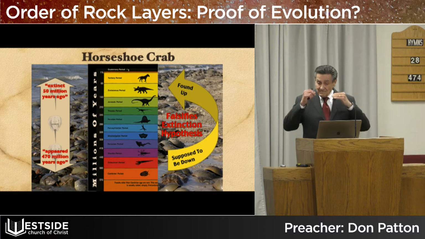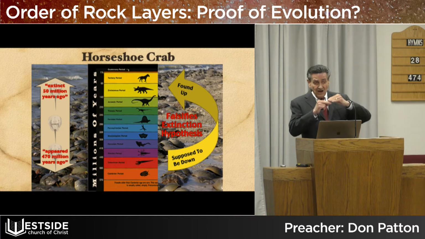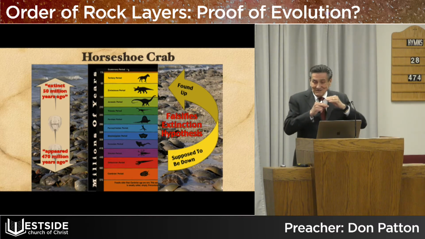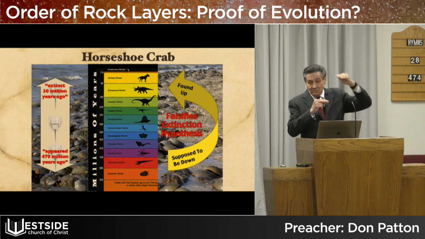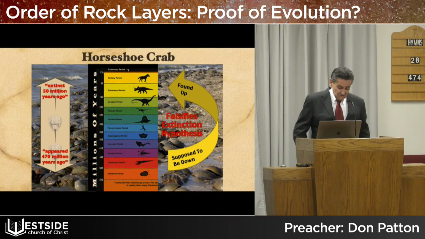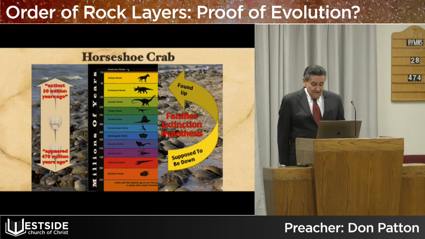The idea that you don't find it above this point. Here's where it stops in the column, and then we've got the time above it. But they're still alive. That means that not finding it above that point doesn't prove it's extinct. And we've got dozens of examples of that.